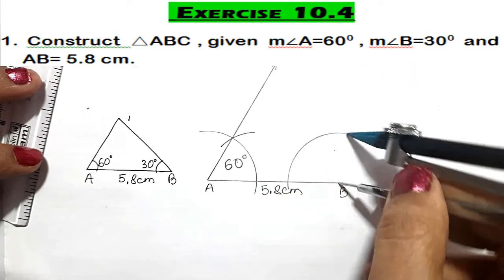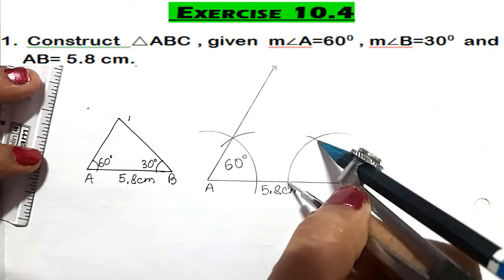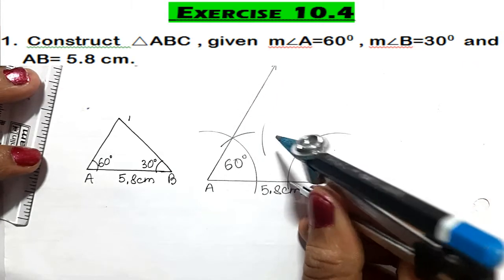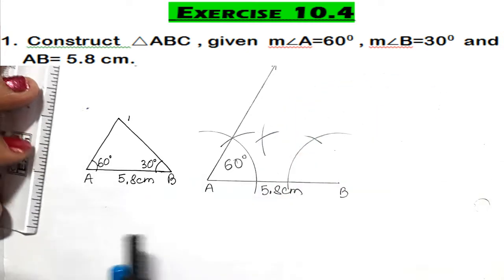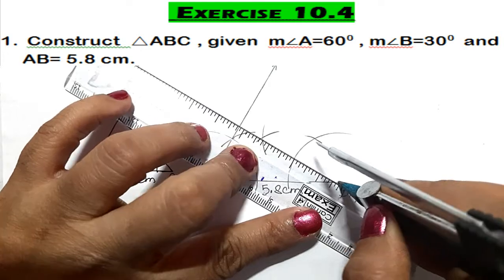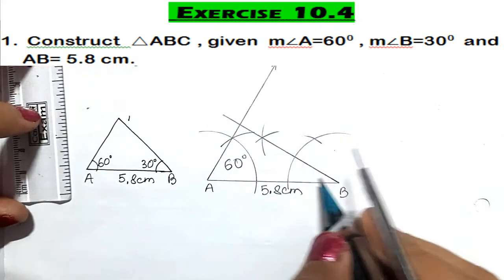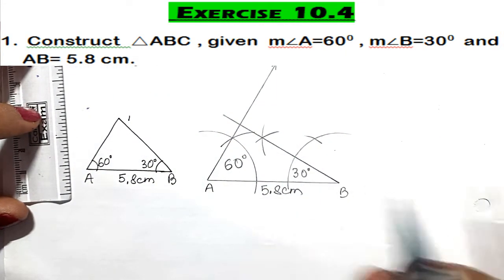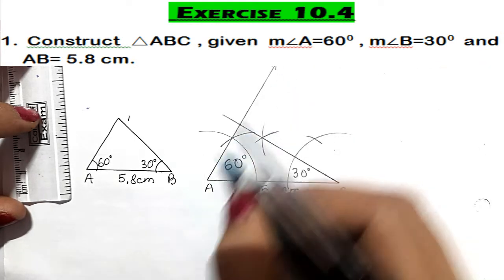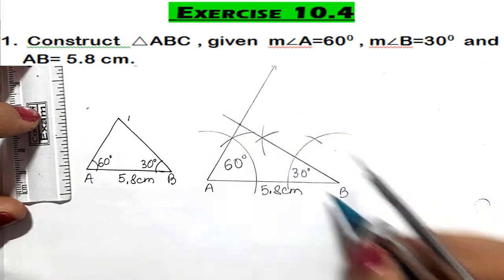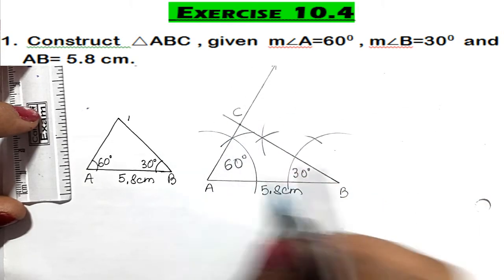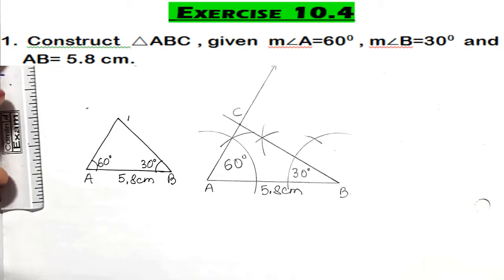So I'll take 60 degree and bisect it so that I get 30 degree angle. So angle bisector of 60 degree is 30 degree. And this point where this ray from A and the ray from B intersects is my point C. And ABC is the required triangle.